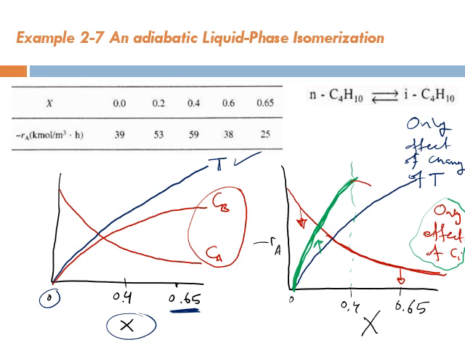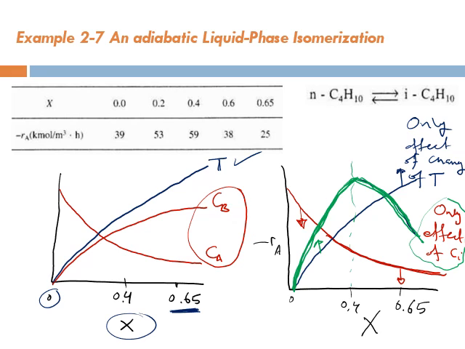It will pull the rate of reaction down, although the temperature is trying to pull the rate of reaction up, but its effect is not as much. So who wins here? We said the change in concentration wins, and therefore the rate of reaction will reduce.